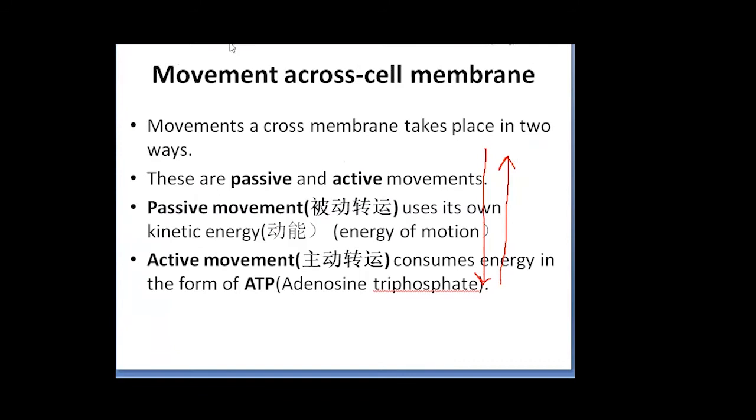So that's the first big category. Movement across the membrane has basically two ways: passive way without energy, and active way where we need energy, or we need ATP to help.